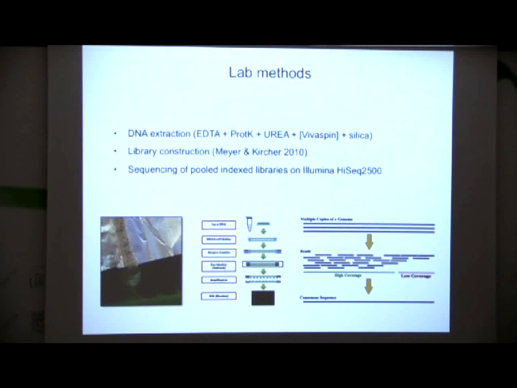Then most often nowadays we build sequencing libraries using the standard Meyer and Kircher method, so single index libraries. And normally when we have a lot of samples, we then index these using an indexing PCR so that we can pool many samples onto one run for screening purposes.